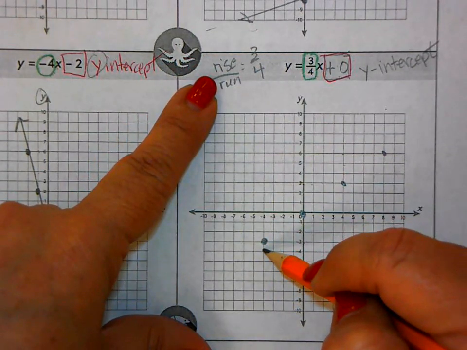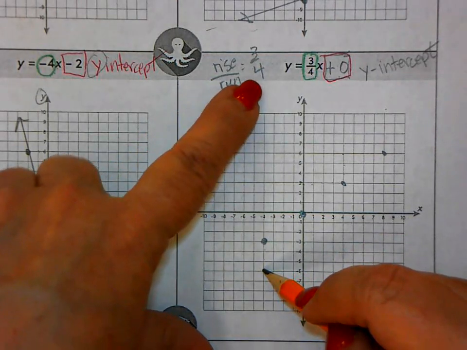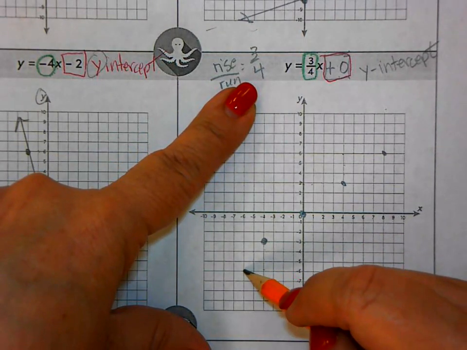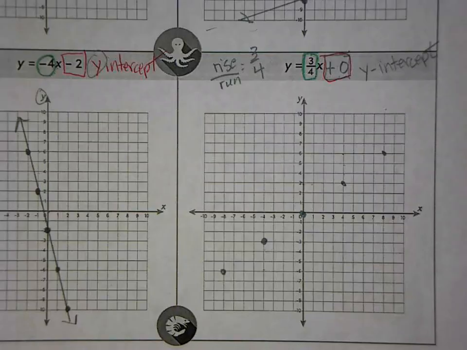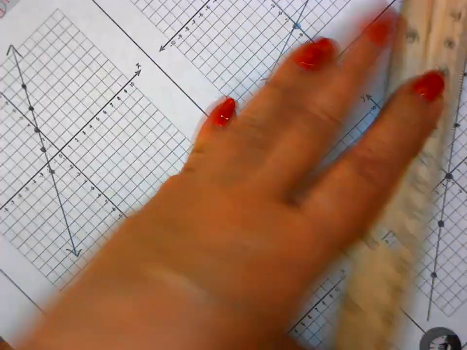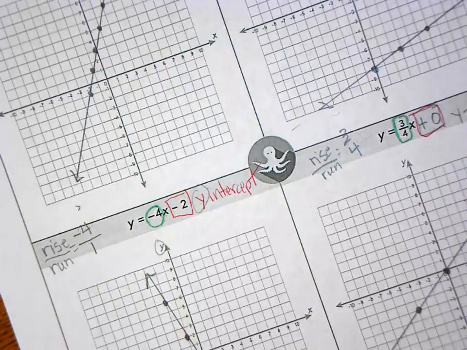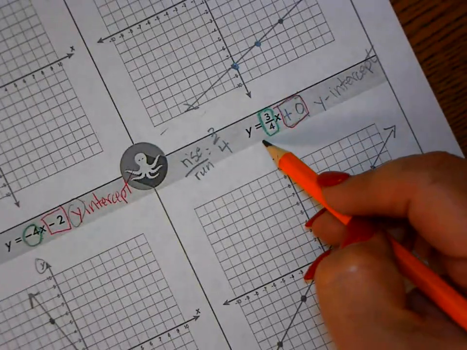So it's 1, 2, 3, and a run of -4, 1, 2, 3, 4. Okay, and now I can connect my dots. And there we go. There is my line based on my linear equation.